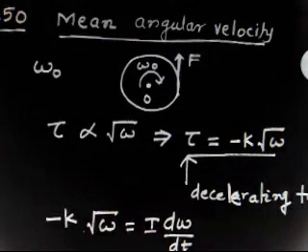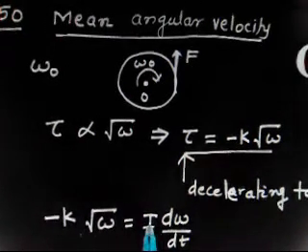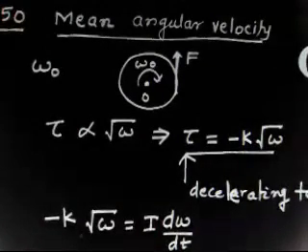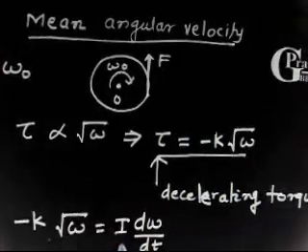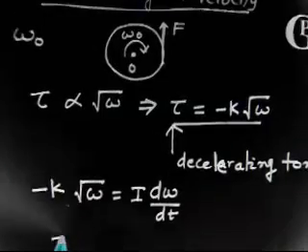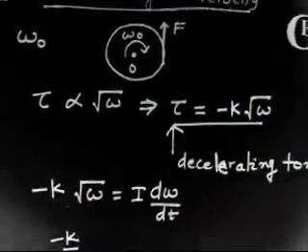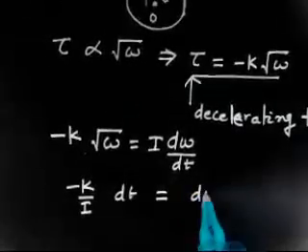So let us keep I as it is; in the last I can eliminate this I, because the moment of inertia of the flywheel is not given. So let us assume I for this is mr square by 2. Even if I assume I, in the last it will cancel out. So we will have minus k by I dt is equal to d omega.